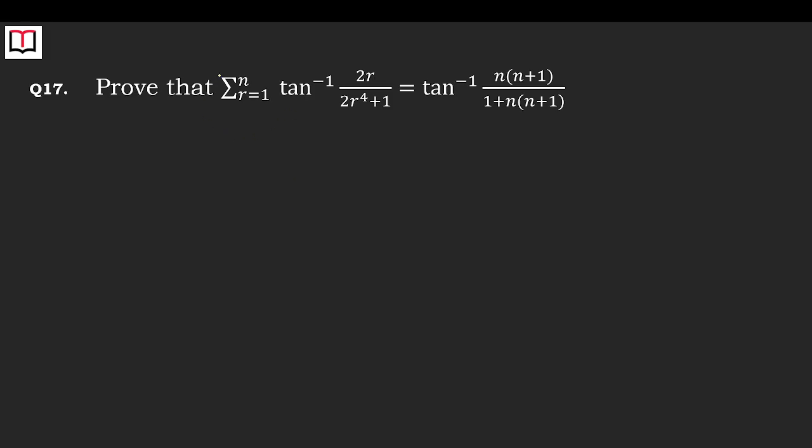Now moving to the last question here, we have to again prove it, and again this is the same type of question where we have to break it as a difference of two terms. The only thing is, why did I take it? Because it took some time for me to break it as a difference of two terms.